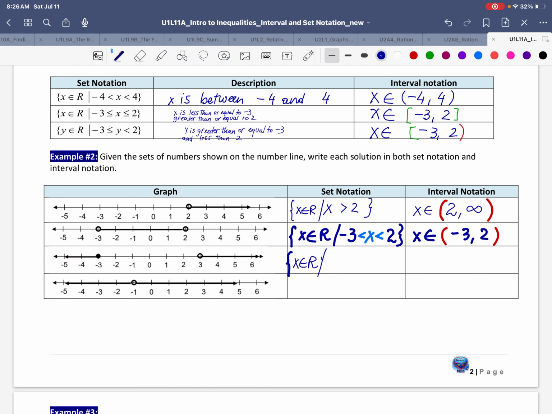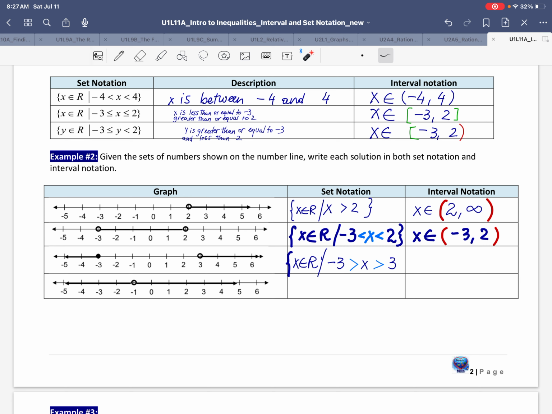So in this case, again, we can write negative 3 and positive 3. x will be even further left than negative 3, so less than negative 3. Notice how this is going to change the direction of our inequality. And the x values will be greater than 3, so we're going to say greater than 3. And that's how you would write this in set notation.